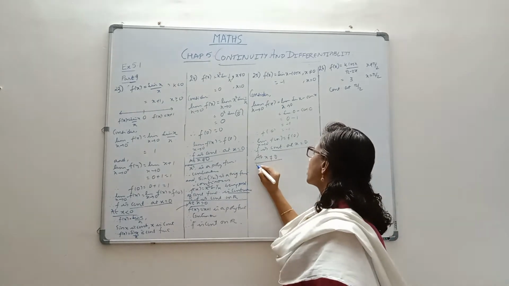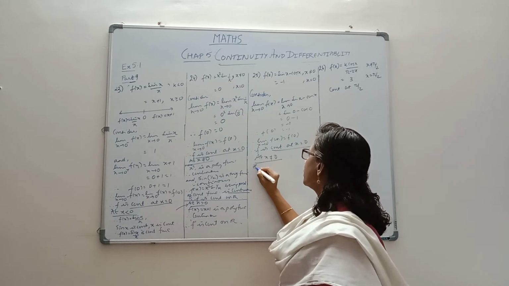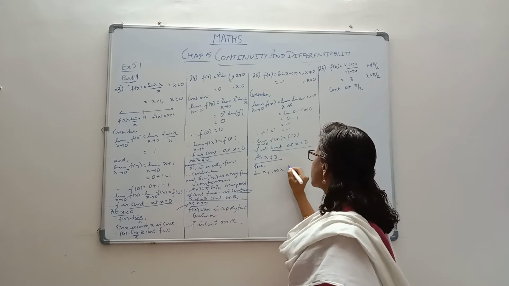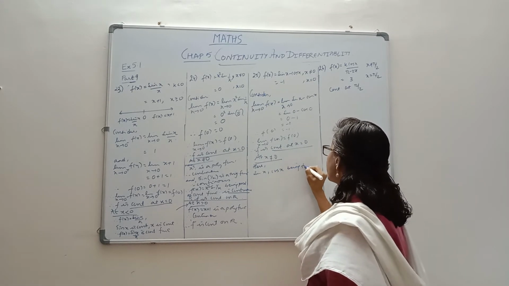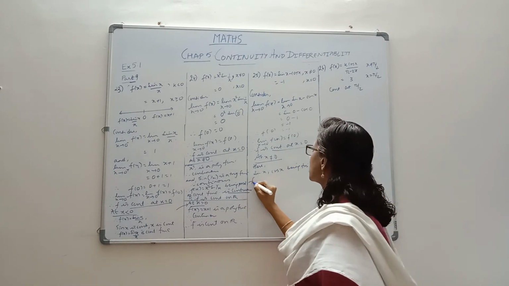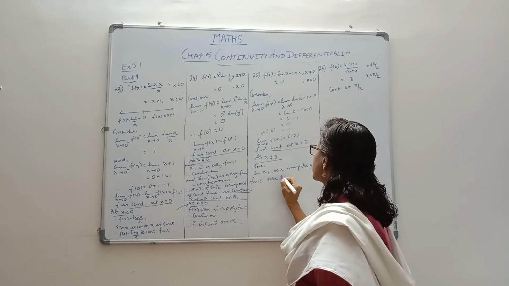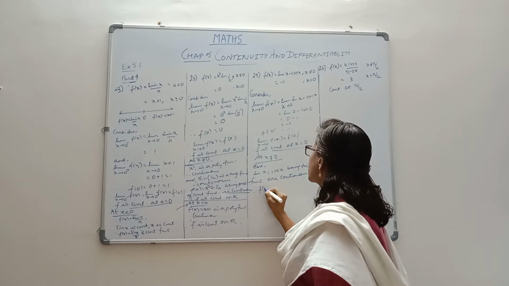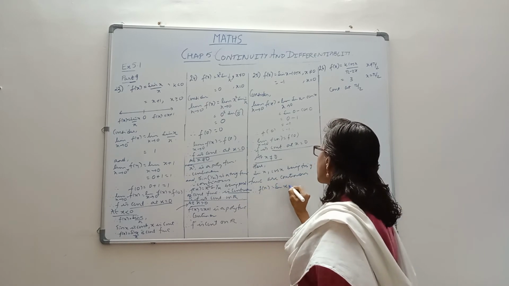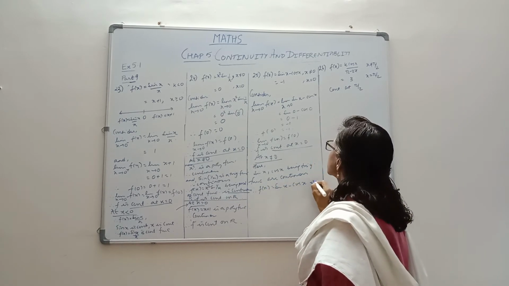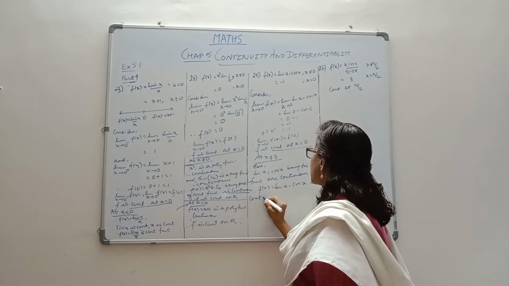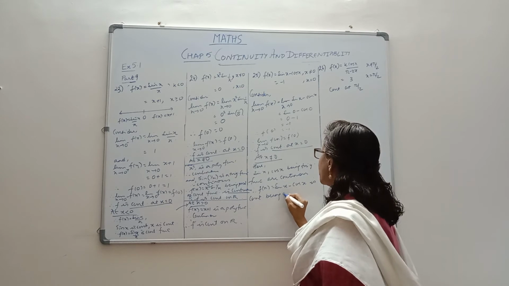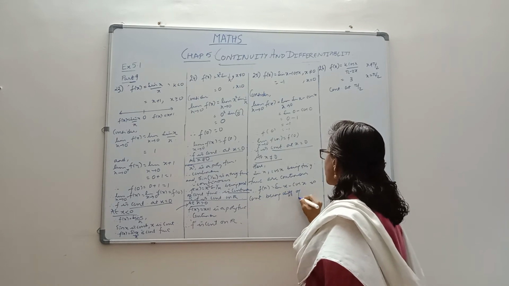So therefore, here sin x, cos x being trig functions are continuous. Therefore, f of x, which is sin x minus cos x, is continuous, being a difference of continuous functions.